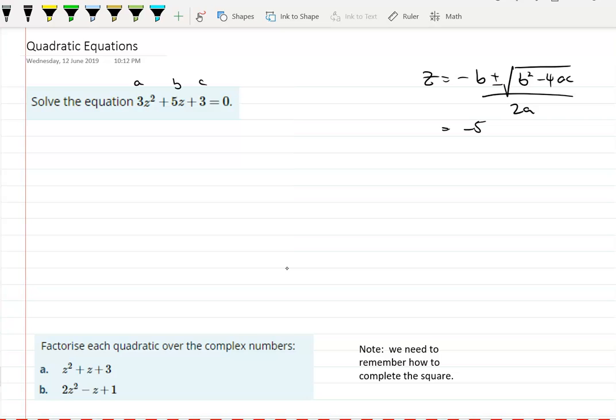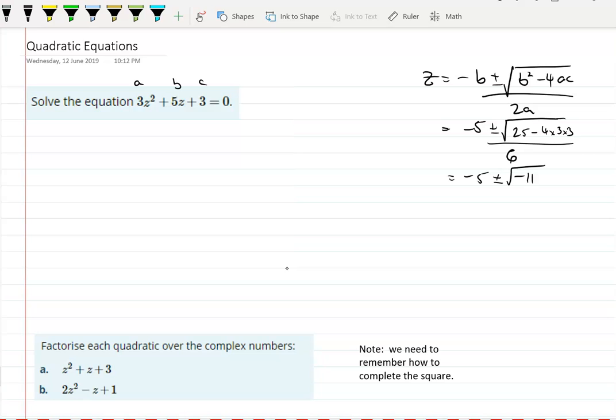So we're going to have negative 5 plus or minus the square root of 25 minus 4 times 3 times 3, all divided by 6. So negative 5 plus or minus, so 25 minus, or 4 3s are 12, 3s are 36. So 25 minus 36 is negative 11. So the square root of negative 11.